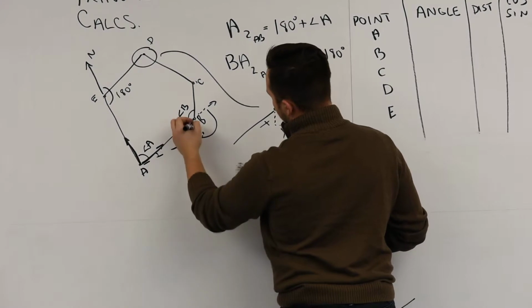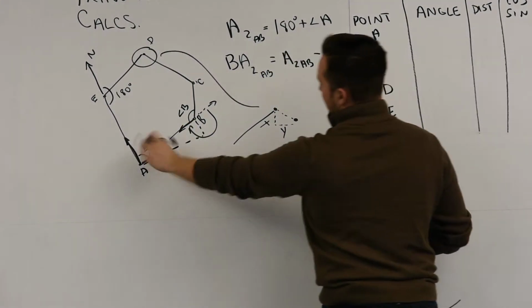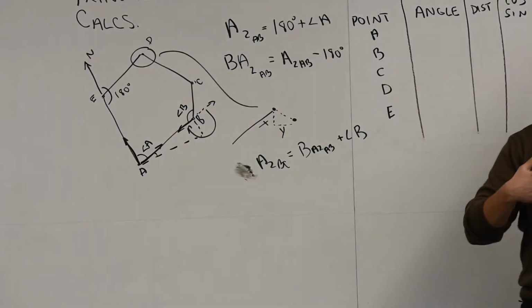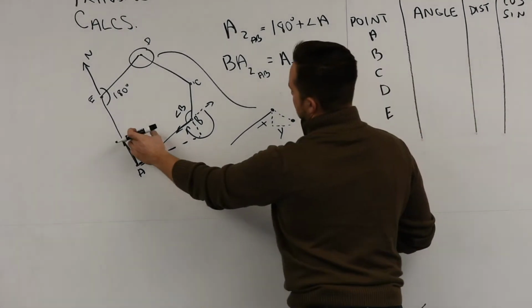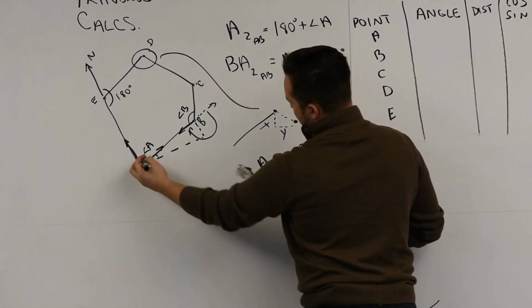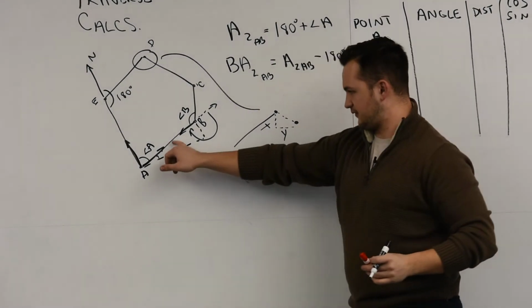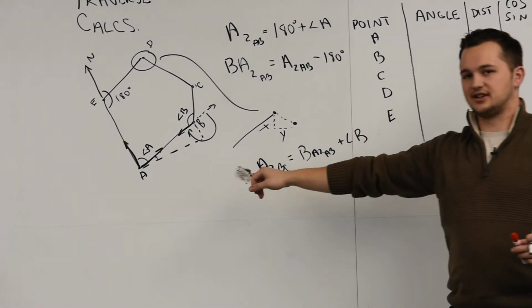We need to determine what these angles are based on everything that we learned from the previous part. As we progress there, we know what this interior angle is. We know that this needs to be 90 degrees. We could take that difference and find out what that interior angle is on that side.